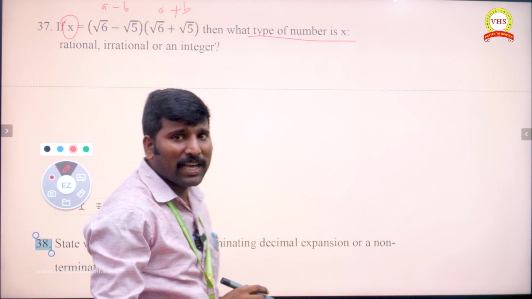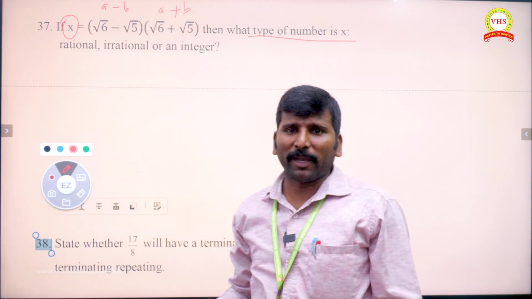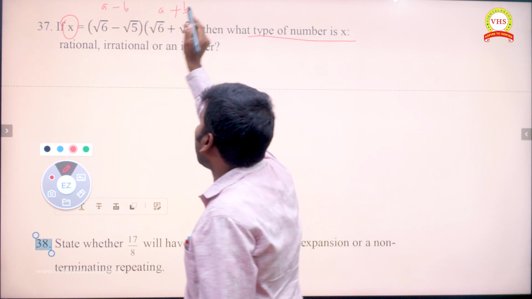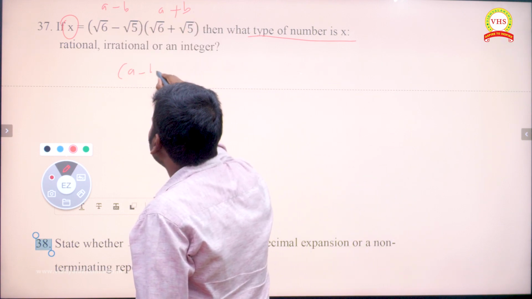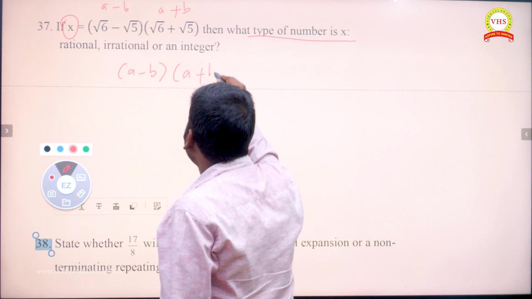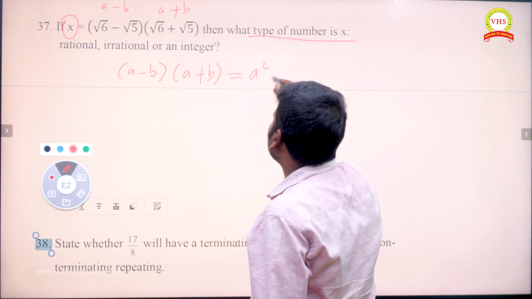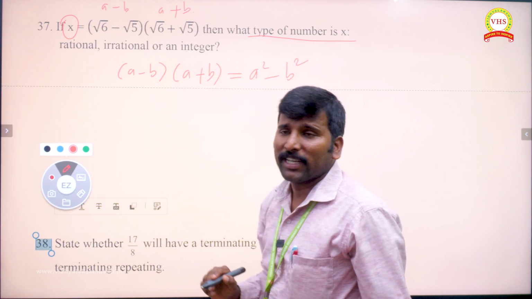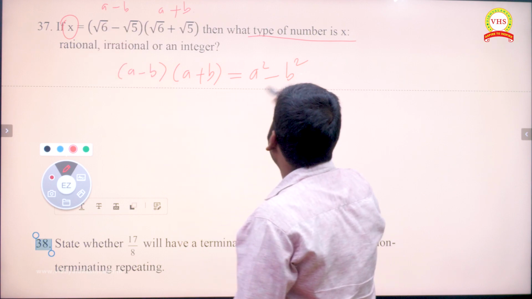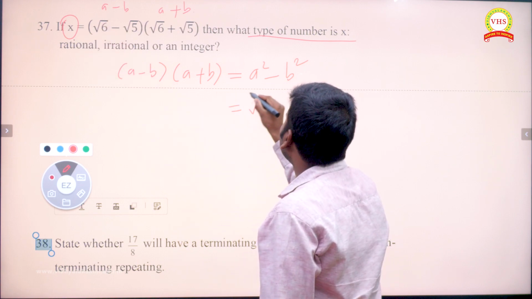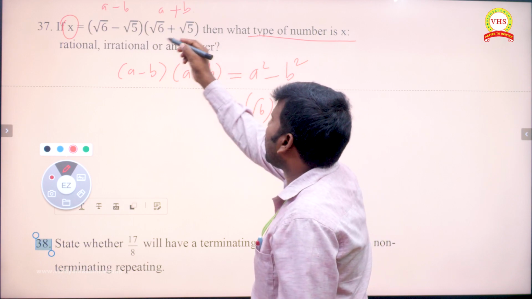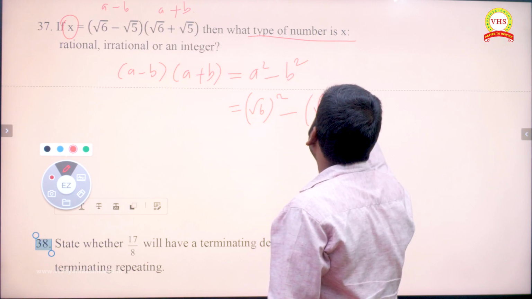Have you noticed this? A minus b, a plus b, it is satisfying. So a minus b, a plus b in the sense the formula a square minus b square. Here a value root 6, so you apply here root 6 whole square minus b value root 5 whole square.